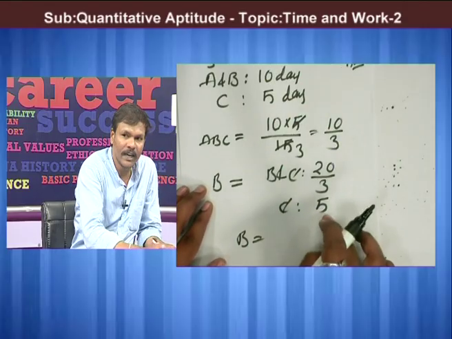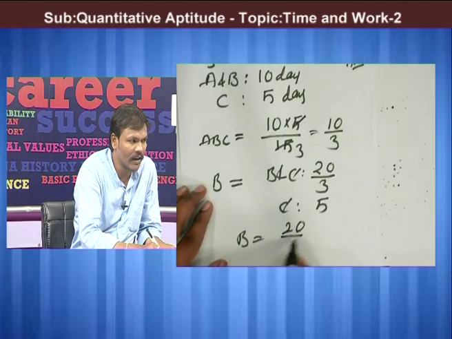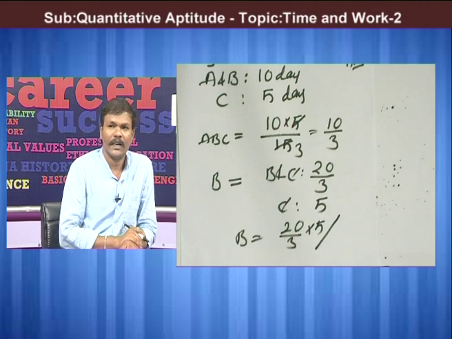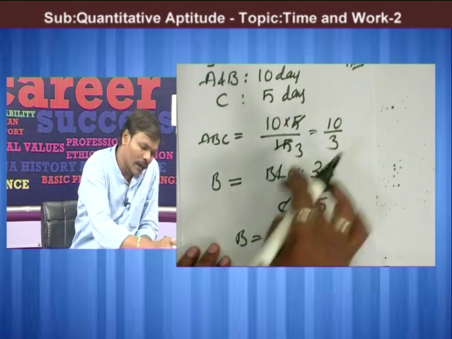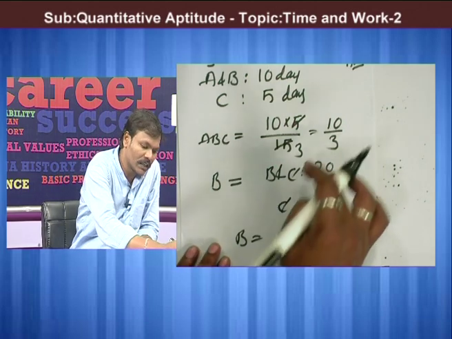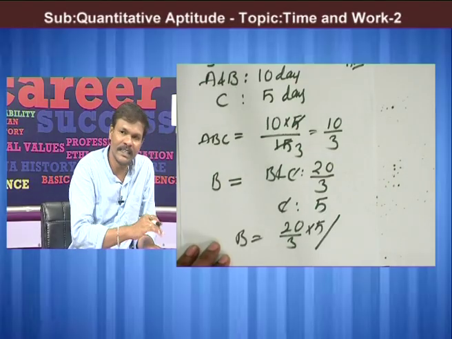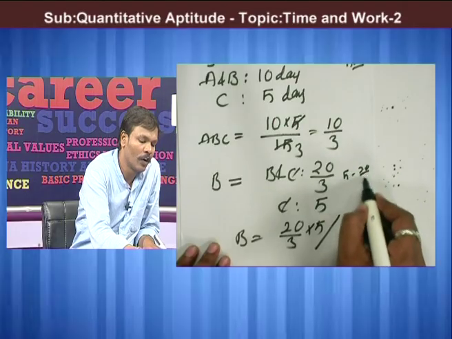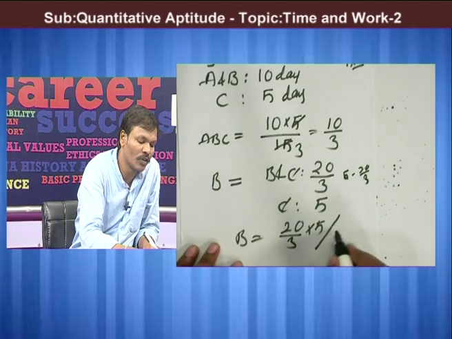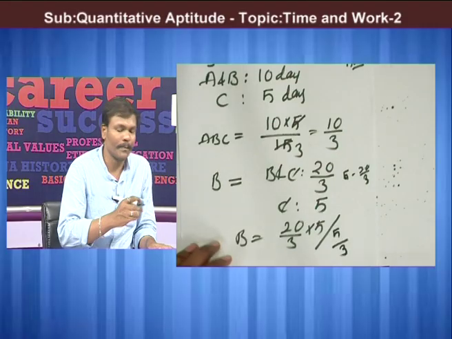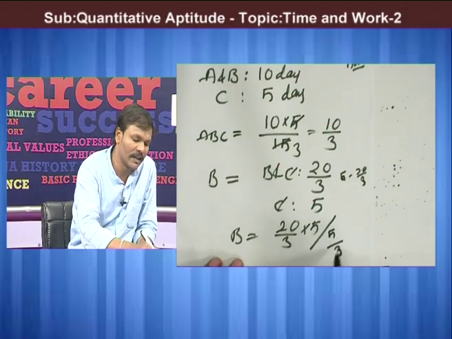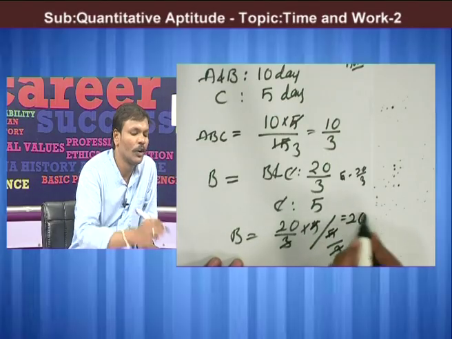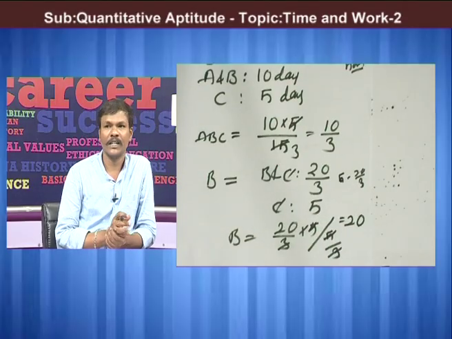So, 20/3 and 5, when we have the two values, multiplication by subtraction in the denominator, that means removing C gives subtraction. Subtraction is 5 minus 20/3; 3 fives are 15, 15 minus 20 is 5/3. The subtraction is 5/3, the 3 will cancel, the 5 will cancel. So, B's value is 20 days.